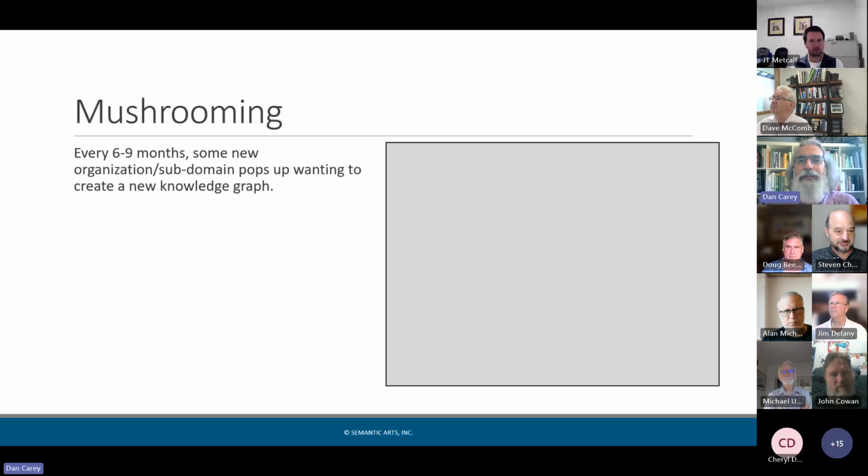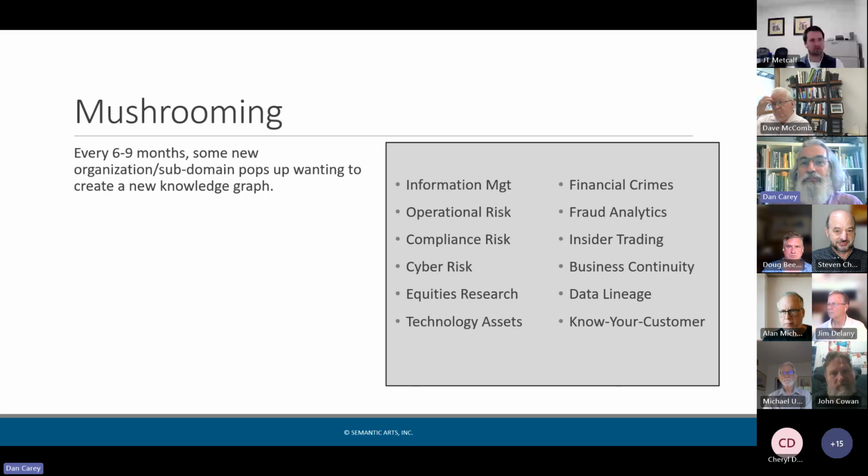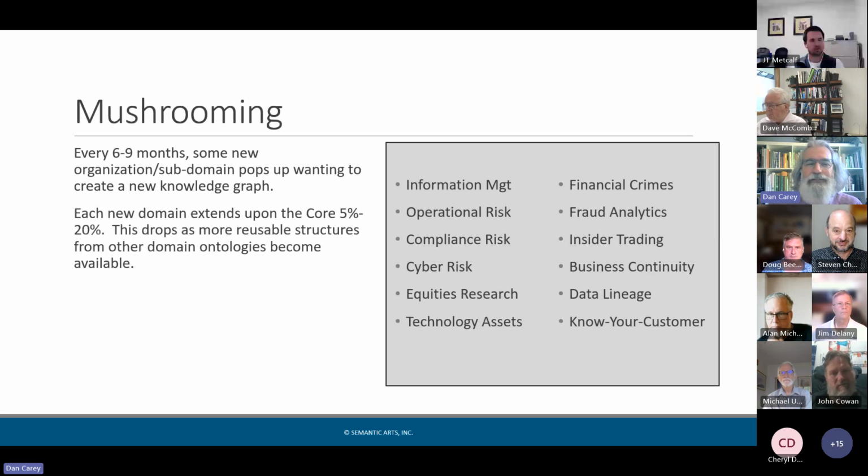So the idea of success breeds success, and as I mentioned, we've got 10 different knowledge graphs under development at Morgan Stanley. Here popping up are some of the areas that we're currently covering. Still, every 6 to 9 months, definitely more than once a year, some new organization will come up and say, we're interested in creating this new knowledge graph.